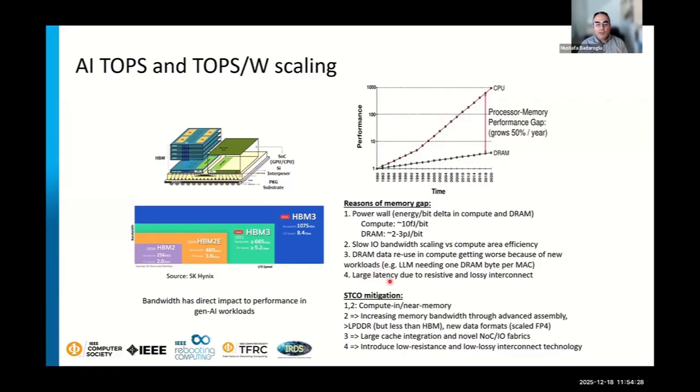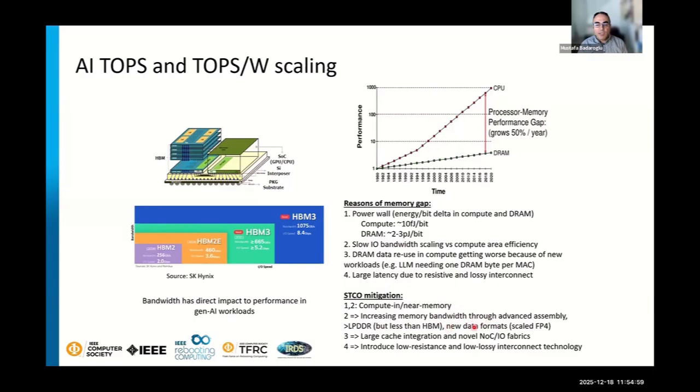And then there is also the interconnect on the package, particularly resistive and lossy interconnect, where we need improvements to provide better latency for the system. STCO mitigation is primarily addressing this, bringing compute to near-memory or in-memory computing, and increasing memory bandwidth through advanced packaging, particularly addressing number 2.